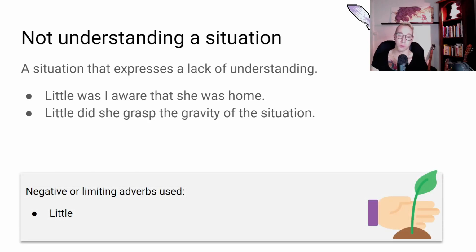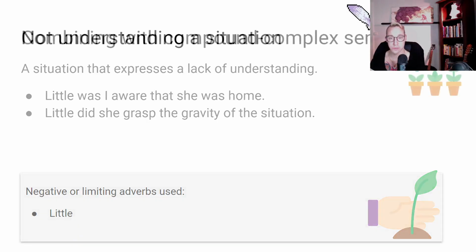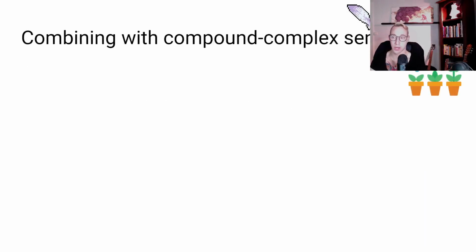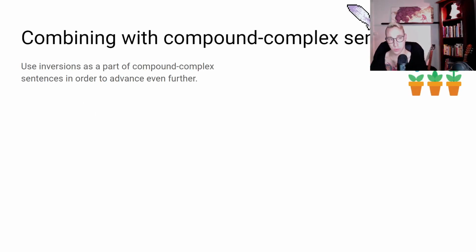Finally, before ending this lecture, I want to also show you how to combine these with compound complex sentences. And in this case, I encourage you to try to, in order to advance your English even further. It's a great way to combine the things we've learned in the past with this grammar.